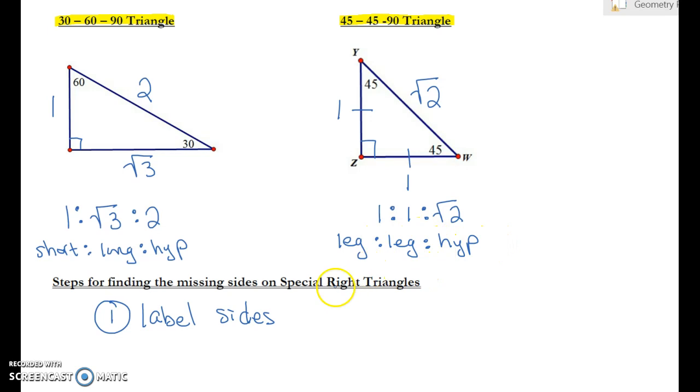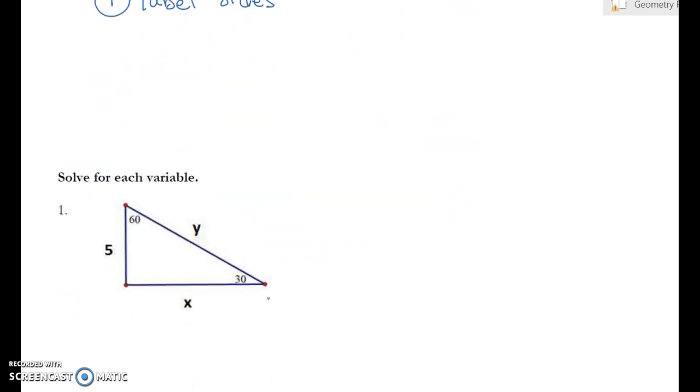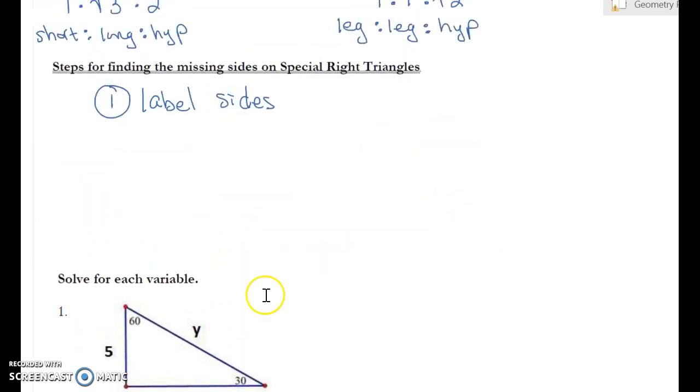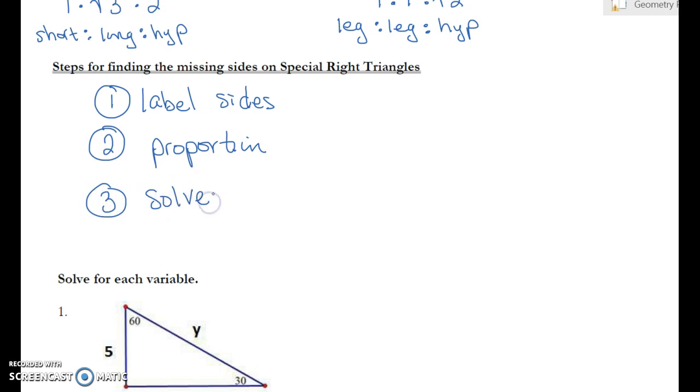It's just helpful to do that, okay? The second thing you're going to do is set up your ratios or your proportion. And then once you do that, you solve.